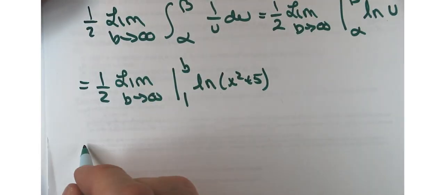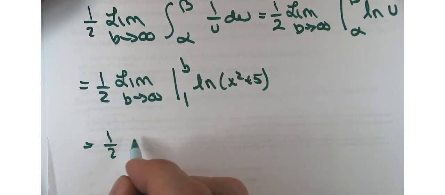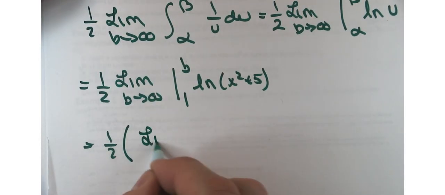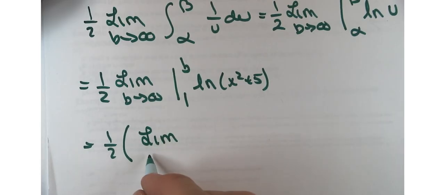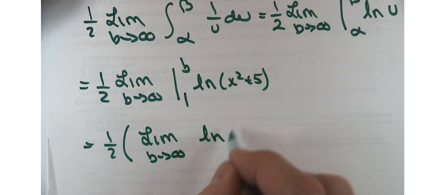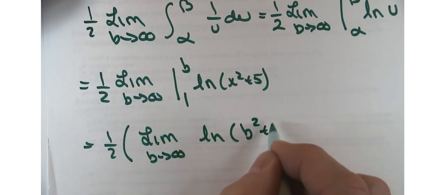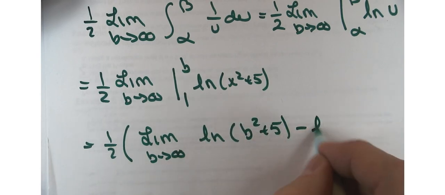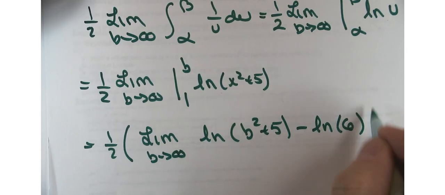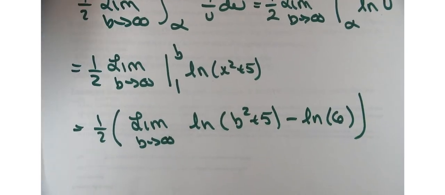So it's going to equal 1/2 times the limit as b approaches infinity of the ln of b squared plus 5 minus the ln of 6. Whew. A lot of work there.